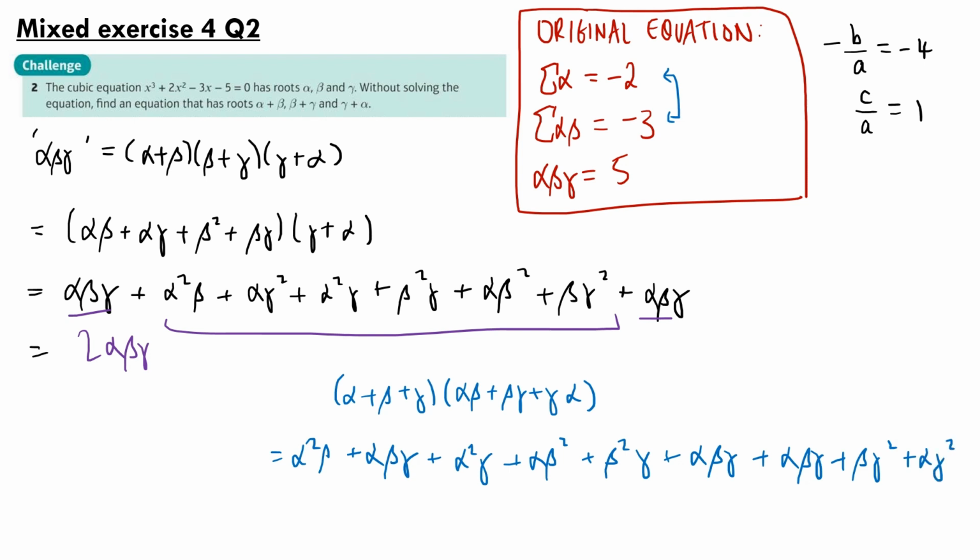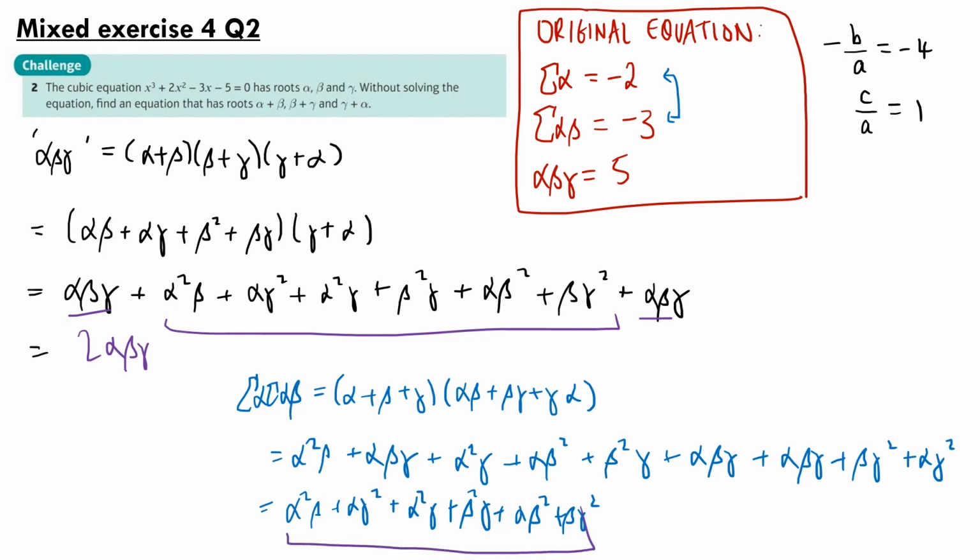So actually what this is, is what we've got in purple up there. So the alpha squared beta plus alpha gamma squared plus alpha squared gamma plus beta squared gamma plus alpha beta squared plus beta gamma squared. That's all the purple stuff from up there. From these terms here, all we've done to that is added 3 alpha beta gamma.